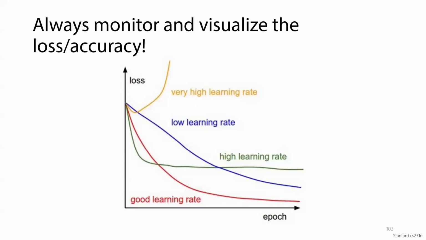One last thing I want to mention is the shape of the loss function graph. Number one, it's always a good idea to visualize the loss function graph. The horizontal axis is the number of iterations or epochs, okay?